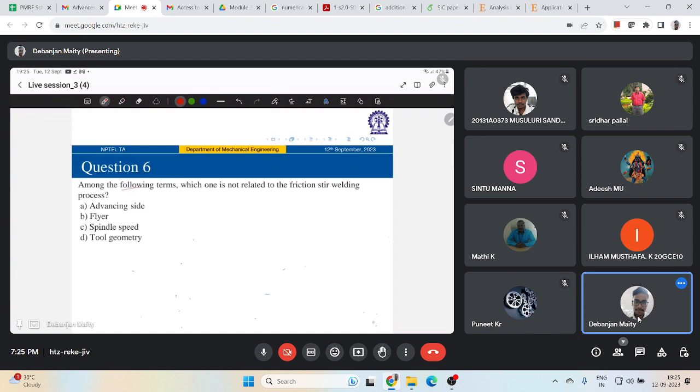Theoretically, what is happening is there are two different regions, right? This extrusion region and the forging region.